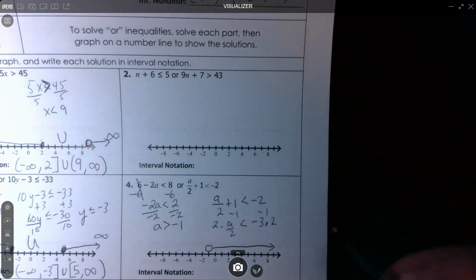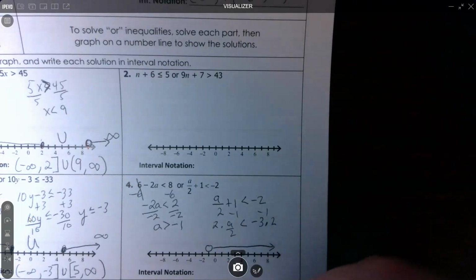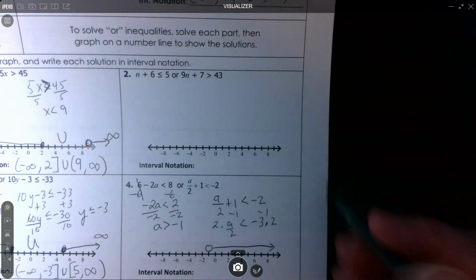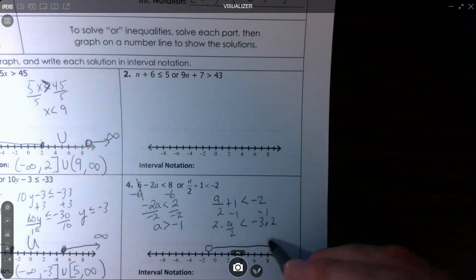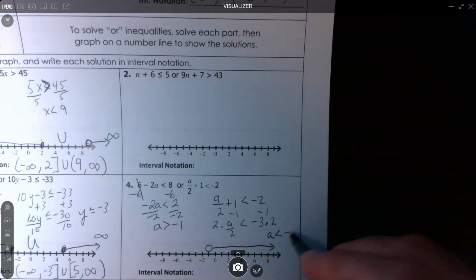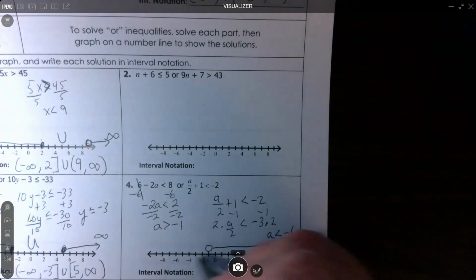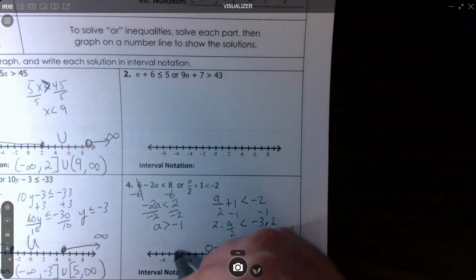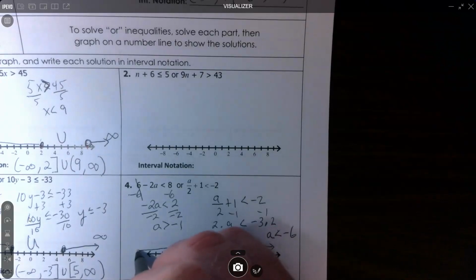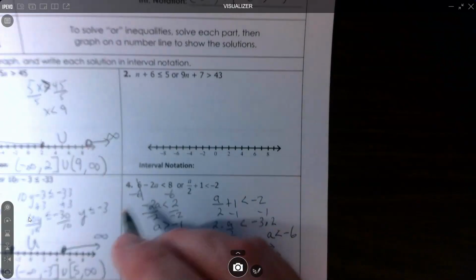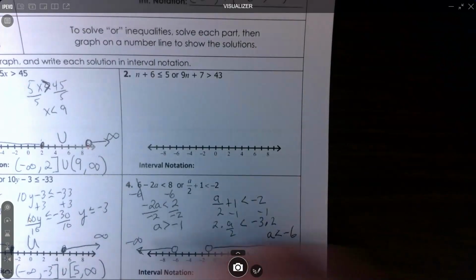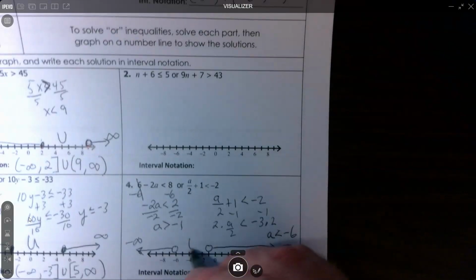Notice I multiplied by a positive number, I didn't divide or multiply by a negative number, so therefore I leave the symbol alone. So I get a is less than negative 6. So I find negative 6, I'm not including negative 6, and I'm going to the left. Again, next thing you do is throw in your infinities and your u.